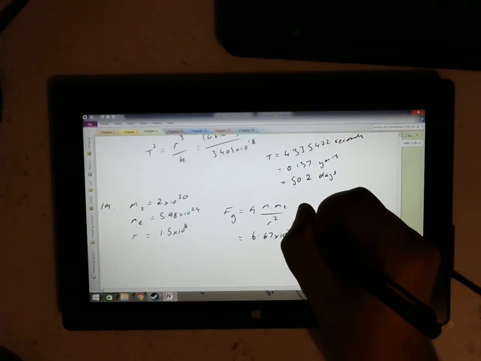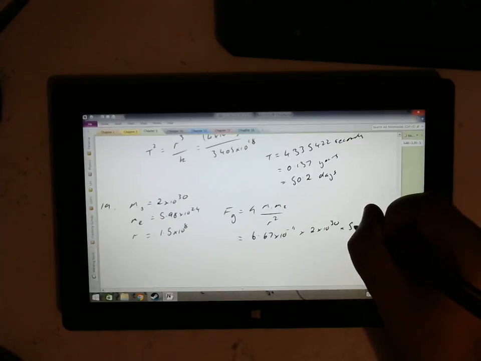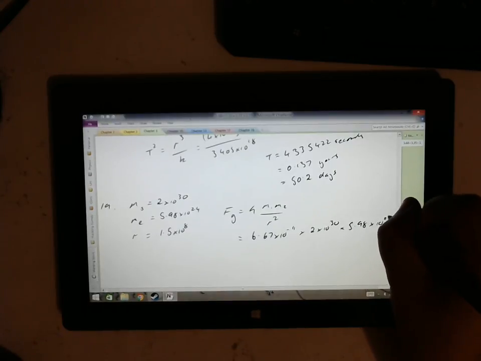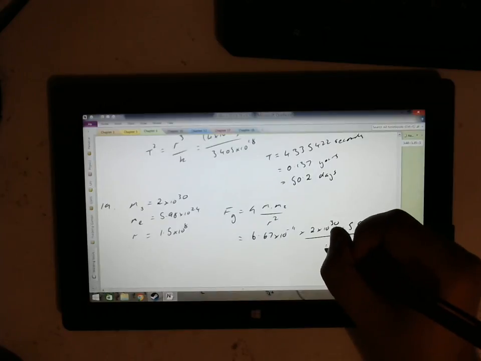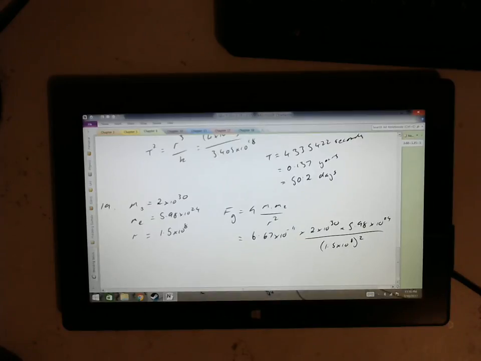6.67 times 10 to the negative 11 times 2 times 10 to the 30 times 5.98 times 10 to the 24, all divided by 1.5 times 10 to the 8 squared. Okay. 2 times 10 to the 30 times 5.98 times 10 to the 24 times 6.67 times 10 to the power of negative 11.